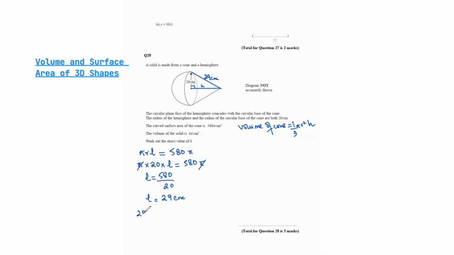So 29 squared equals 20 squared plus h squared. 29 squared minus 20 squared, whole square root, is h. That gives us a value of 21.